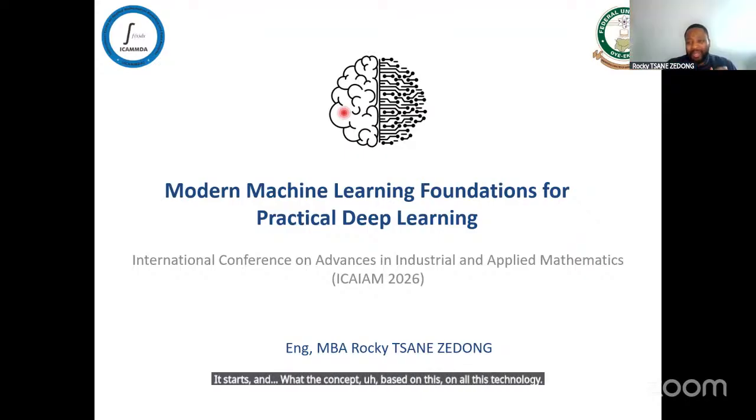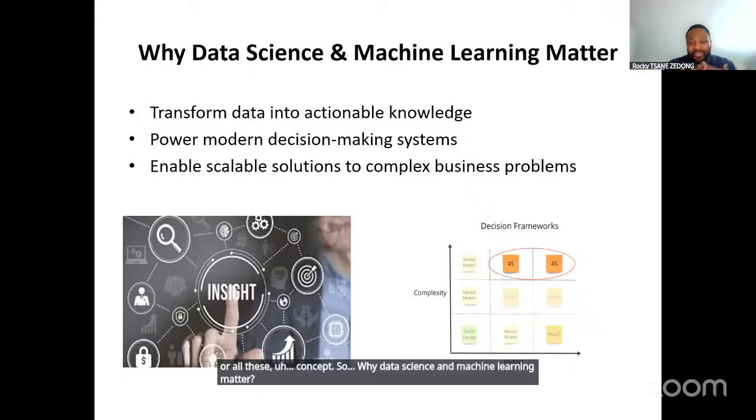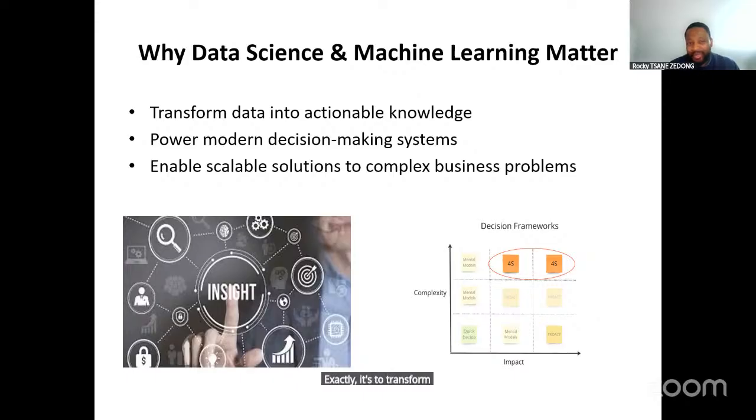Why do data science and machine learning matter? Exactly, it is to transform data into actionable knowledge, to help empower modern decision-making systems and enable solutions to complex business problems.